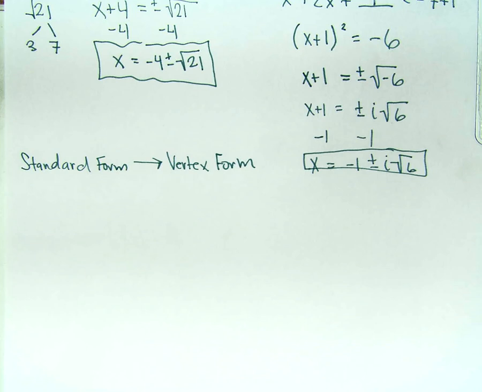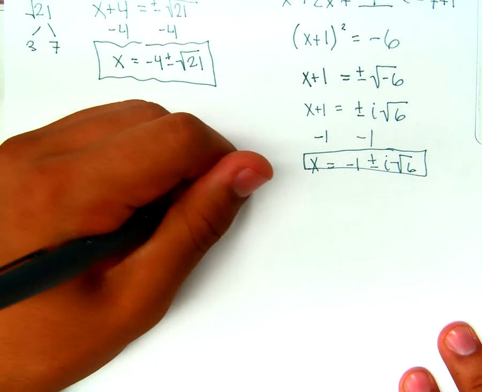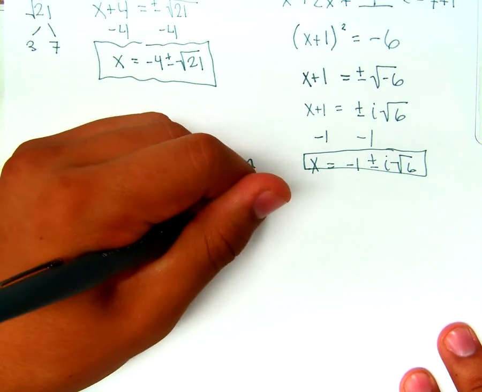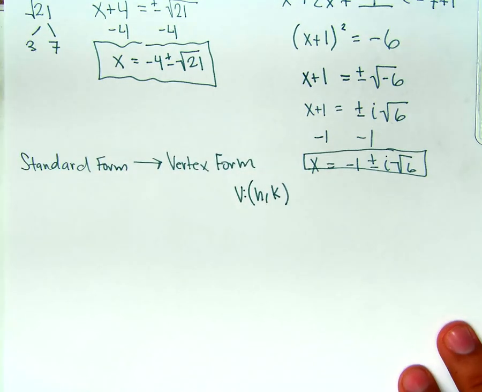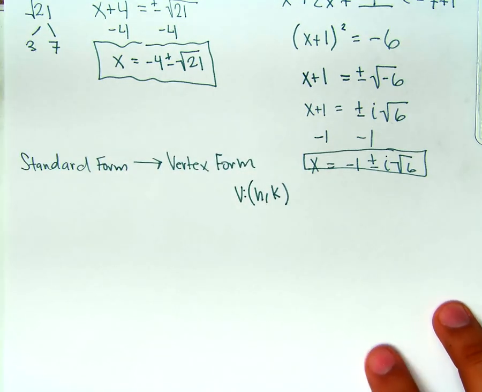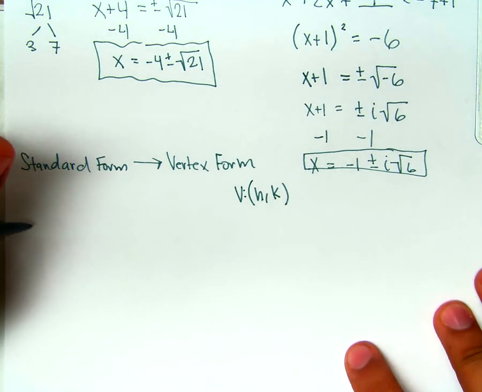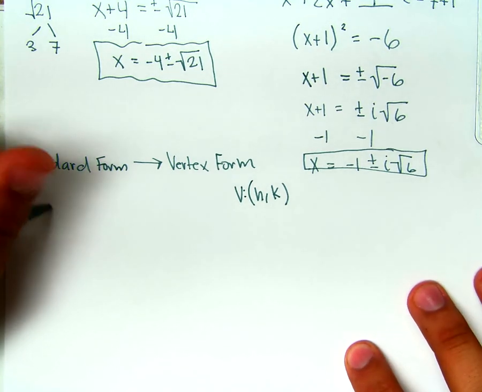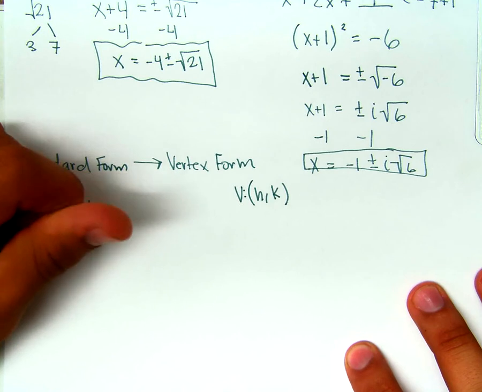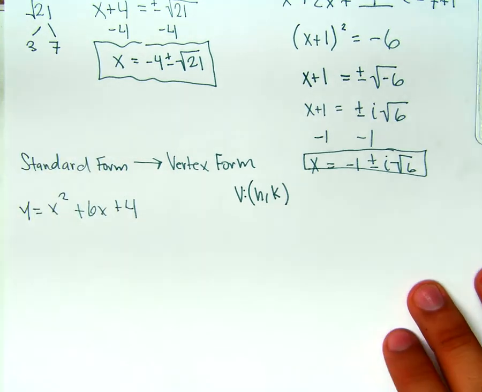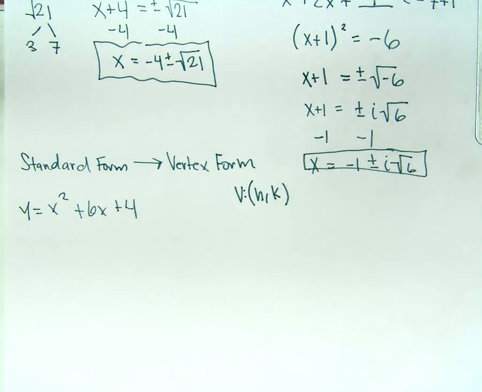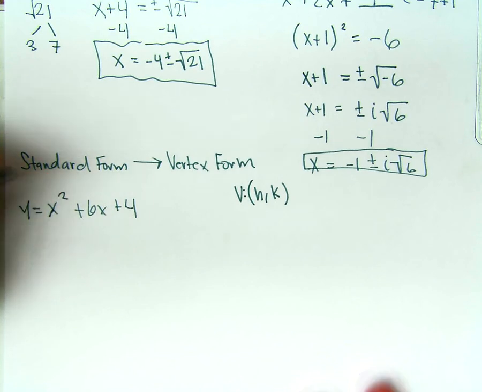When we have vertex form, what do we know the vertex to be? (h, k). Your vertex is going to be (h, k). So now, let's say we have the equation y equals x squared plus 6x plus 4. And we want this in vertex form, and we also want to know what the vertex is.